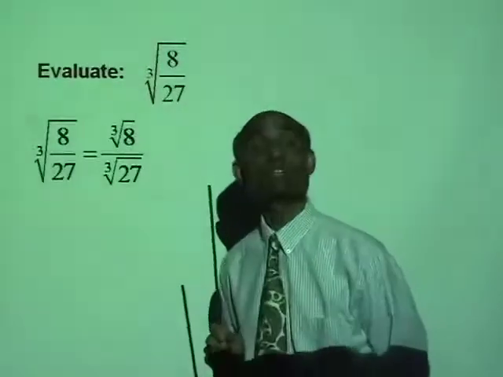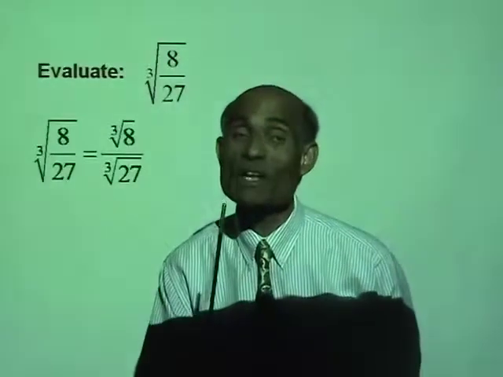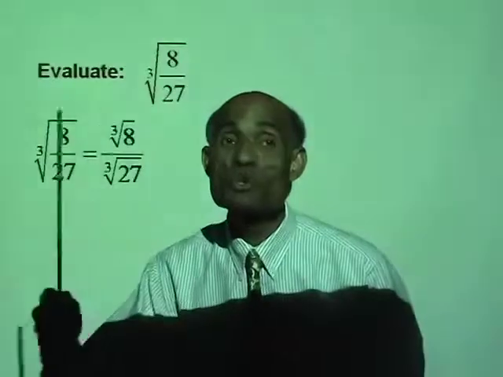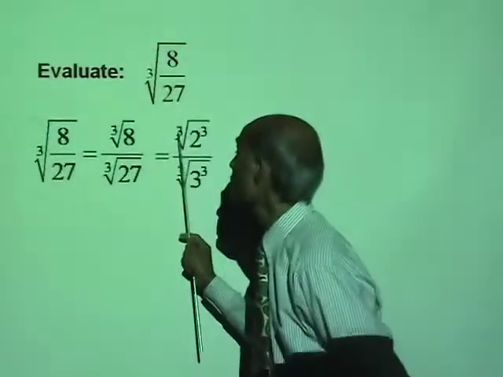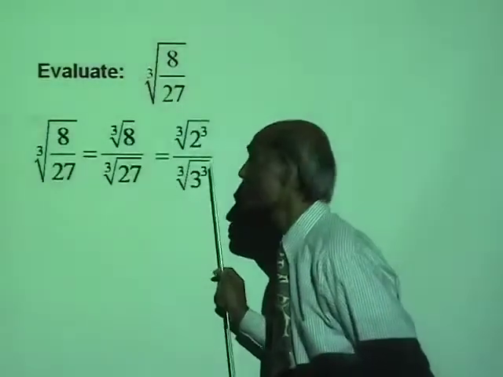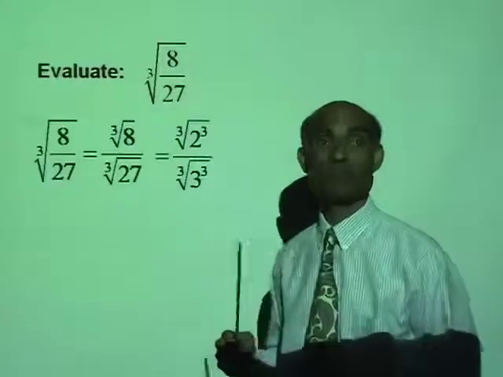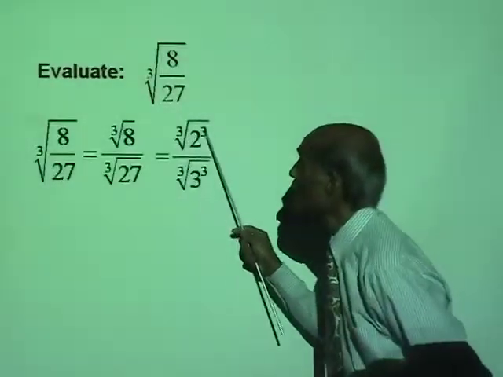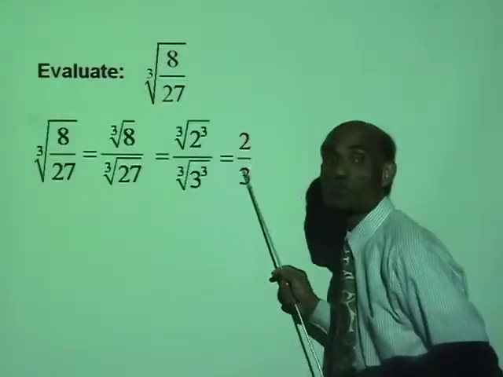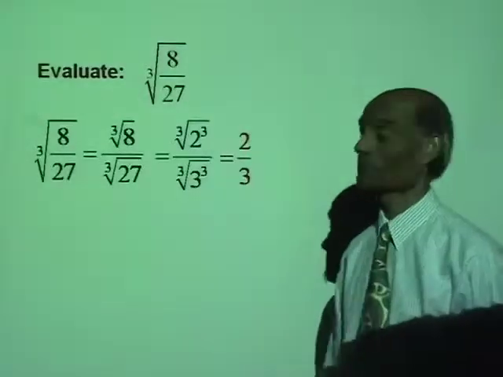Alright, tell me, what is the cube root of 8? 8 is what number raised to the power of 3? 8 is 2 cubed. So that will be the cube root of 2 cubed divided by the cube root of 3 cubed. 27 is 3 times 3 times 3. And the cube root of 2 cubed is 2. The cube root of 3 cubed is 3.